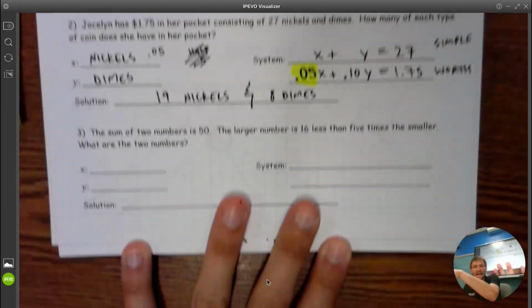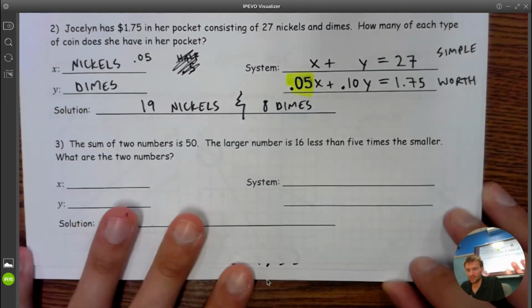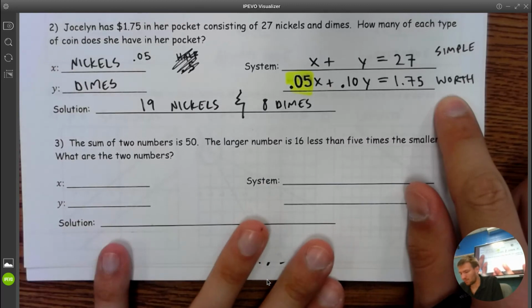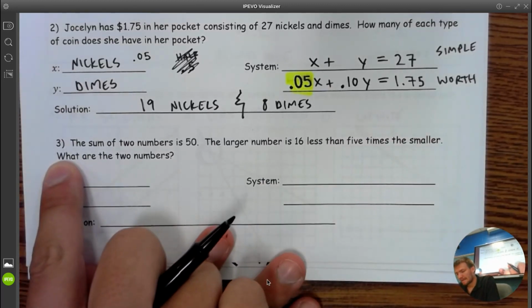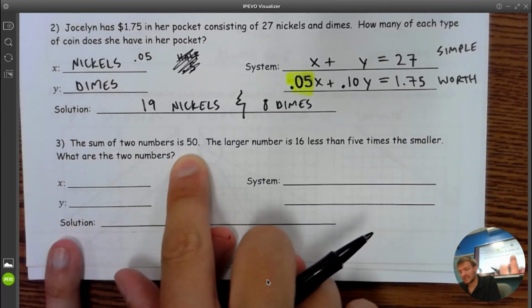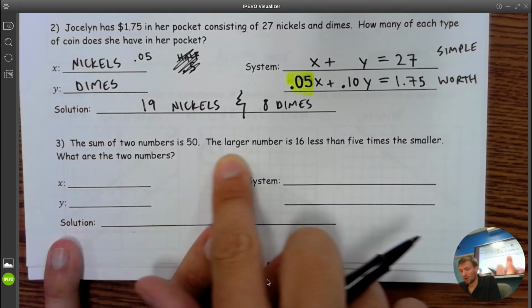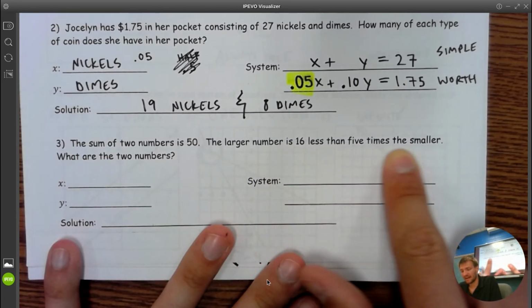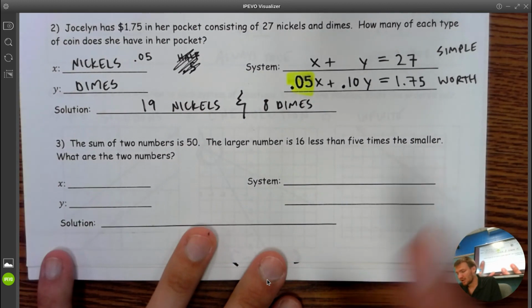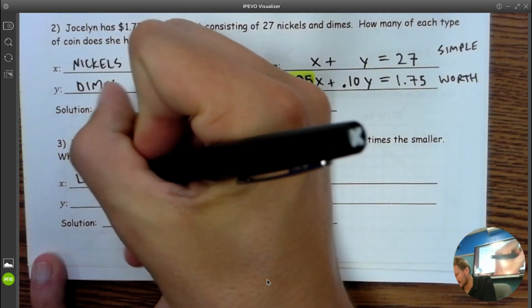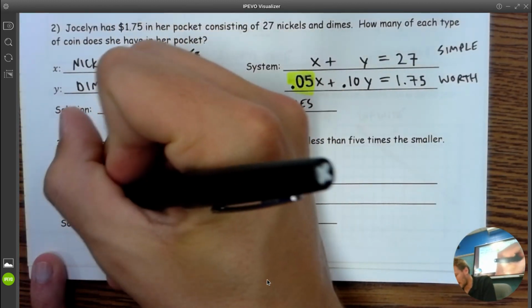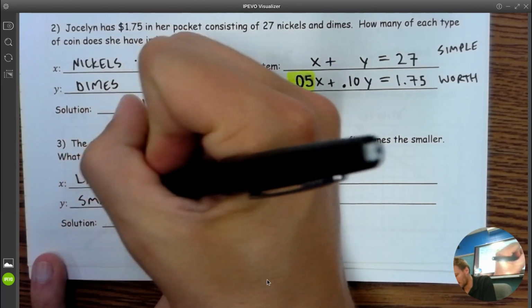All right, we've got this last one here, and this one is a little bit of a switch up. Instead of a simple and a worth equation, it says that the sum of two numbers is 50, and the larger number is 16 less than 5 times the smaller. So the X can be the large number, and the Y can be the small number.